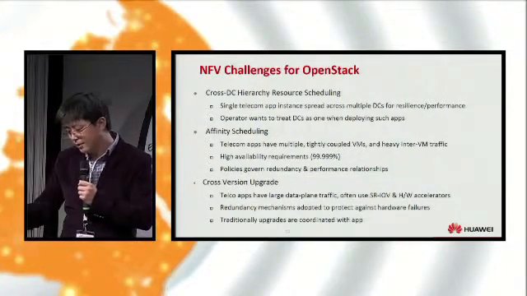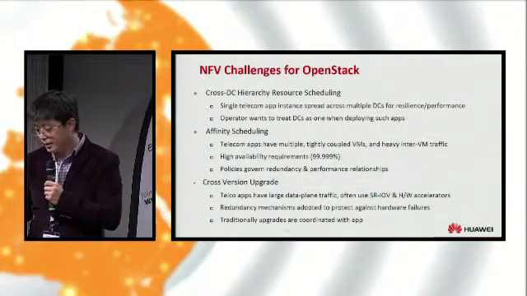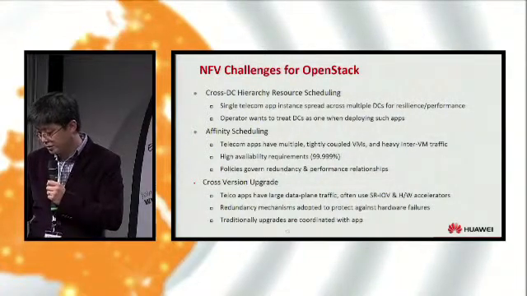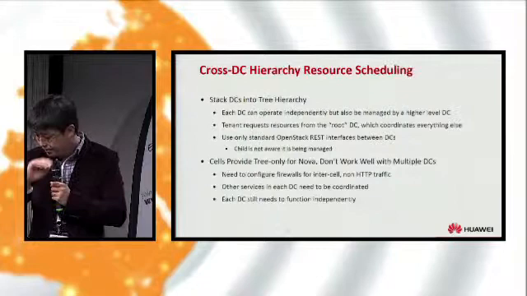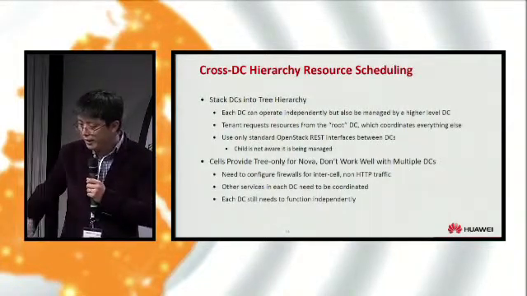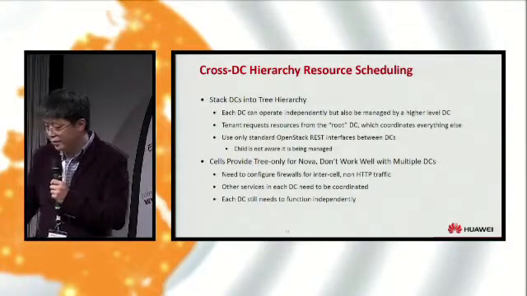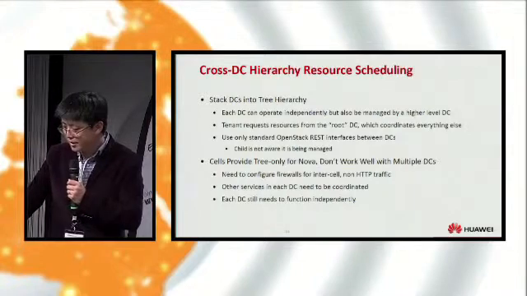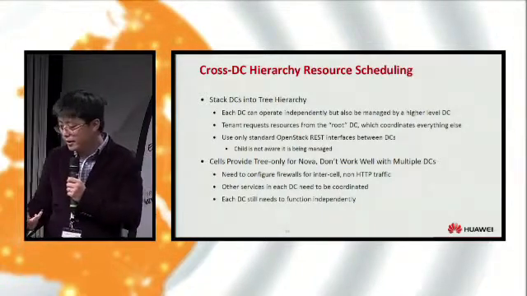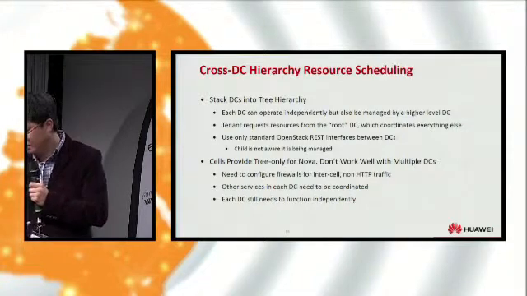Another thing is cross-version upgrade. I think OpenStack right now is doing this a little bit better. So I probably wouldn't go through all three. I'll just use one to give you an appetizer discussion. Currently there is a concept in OpenStack called cell.